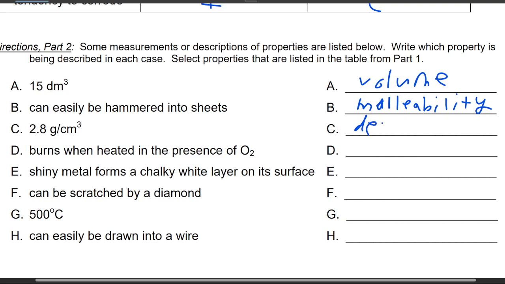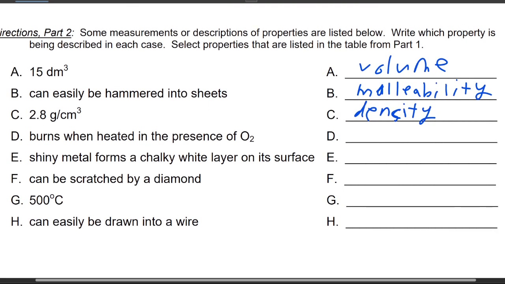That is density. Letter D, burns when heated in the presence of oxygen. So this is combustibility. Again, we have not talked much about it, but here's your definition of it. So we'll dive a little deeper into combustibility in our chemical reactions unit.